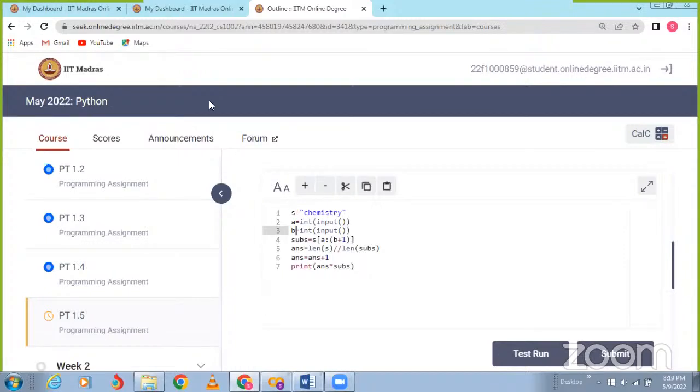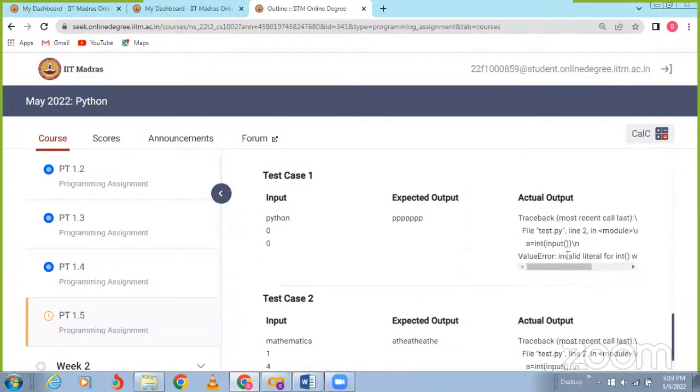Okay, I'll tell you what is happening. Can you scroll down, please? Sandhya, the first input that was given to you is Python, and then you're trying to convert that Python into an integer, which it cannot do, right? That is why it is giving you an error. In Colab, it is working for you because you're not trying to enter Python as the first input.